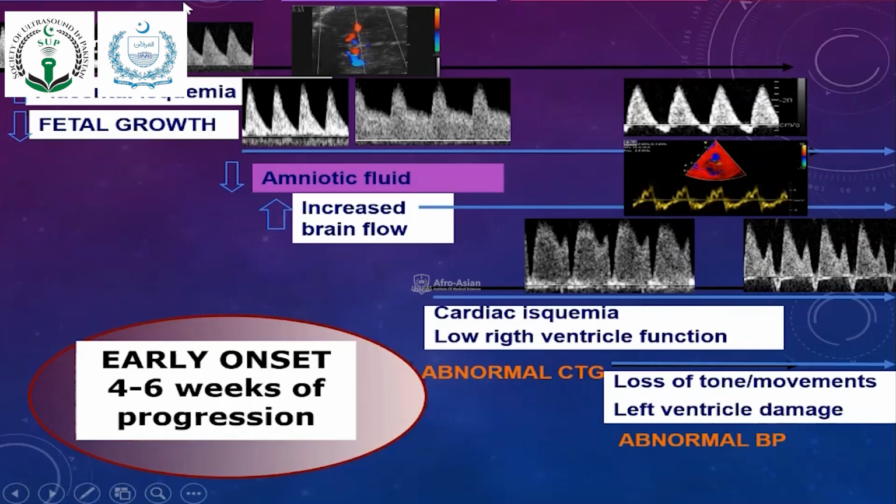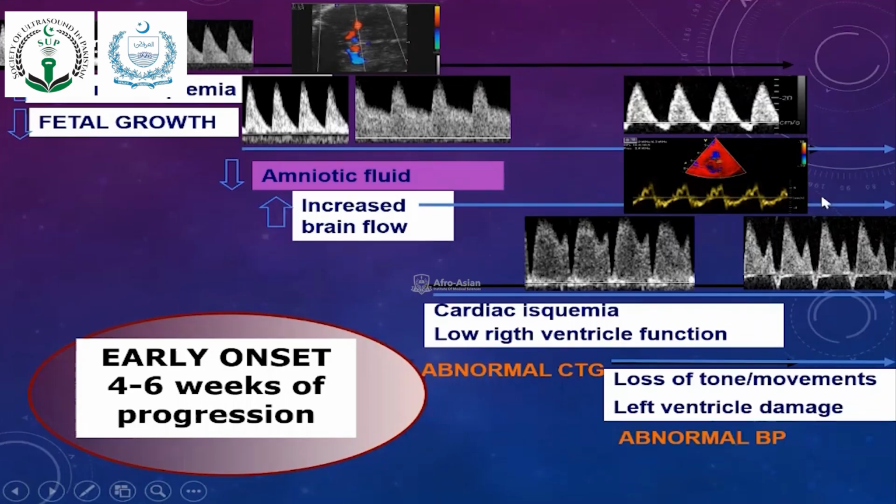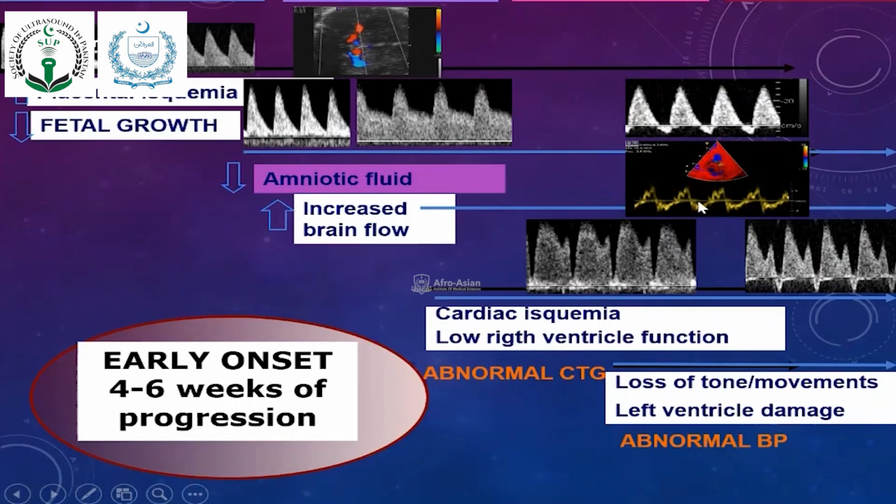And here are the normal, then the sparing, hypoxia, and damage. Then is the reversal, and the ductus venosus, IVC, and then low right ventricle function, which will result in cardiac failure.